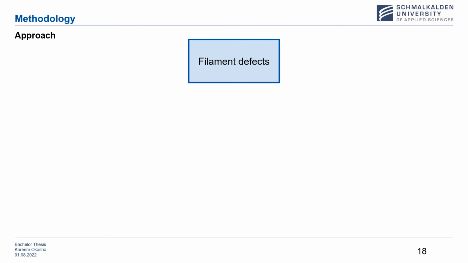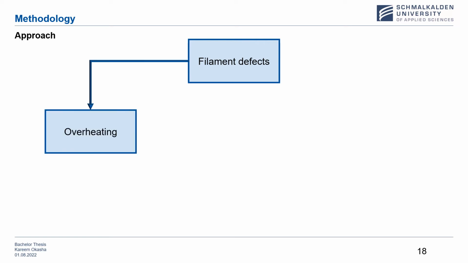As mentioned before, when using incorrect printing parameters, some defects might occur. This thesis focuses on three types of these defects. The first one is overheating, when the plastic is melted at a higher temperature than it is supposed to. The fluidity of the plastic increases, which would lead the filament to occupy more space on the printed board.